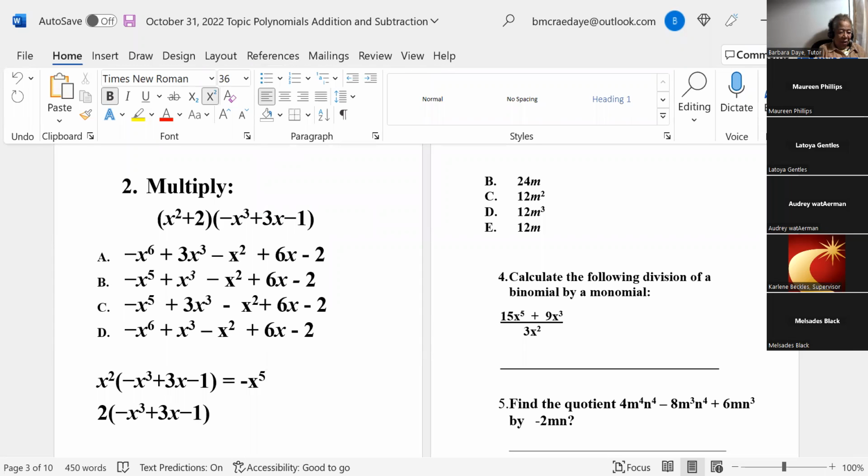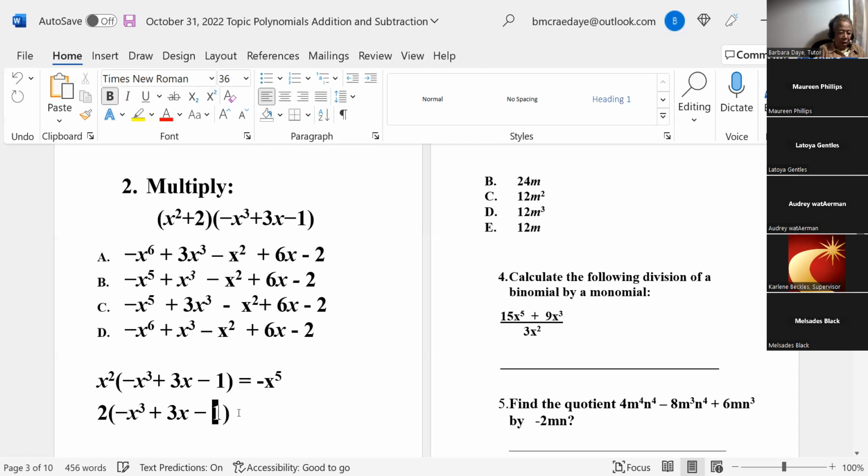Okay, now what's x to the second times 3x, Audrey? 6x to the second. Okay, I'm spacing these out, make it a little clearer.